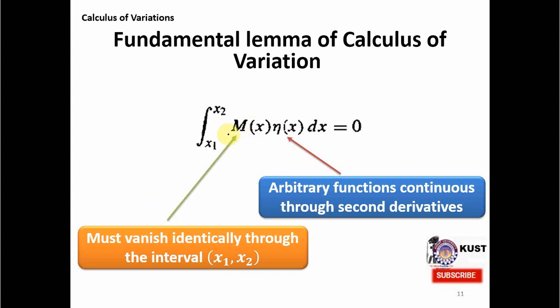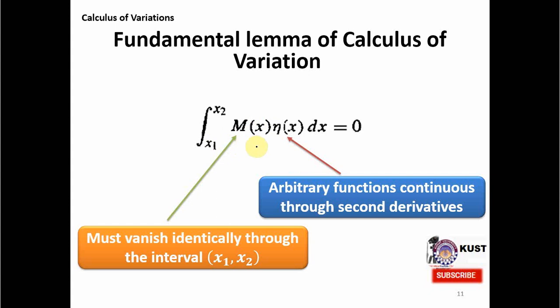So these functions m of x must vanish identically through the interval x1 to x2. We will not go into the derivation of this lemma, but later in an example we will see that this is actually the case: when these y of x, which are continuous functions through second derivative, are multiplied with m of x, and this integral is equal to 0, then this m of x must identically vanish.